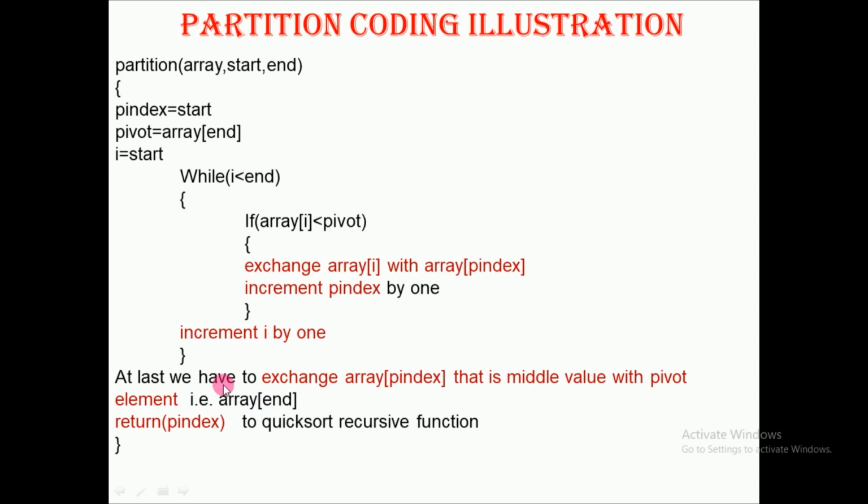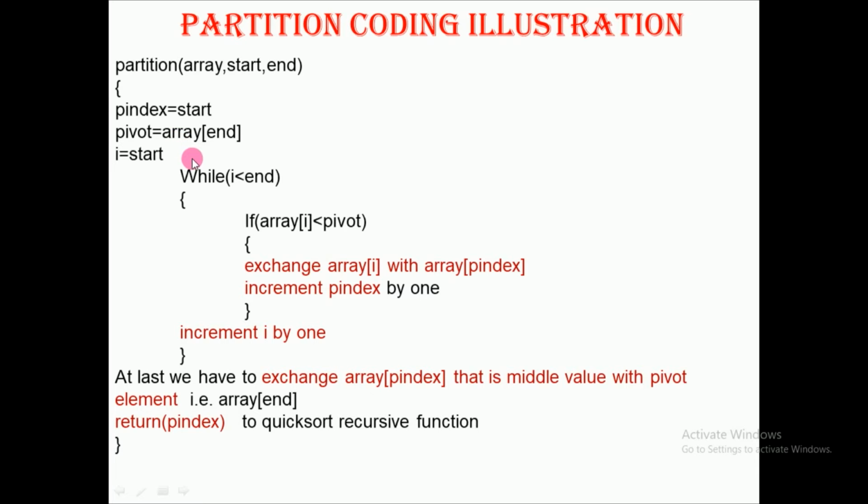When the while is over, it will come down and take the next statement. The next statement is the swapping process. That is, it will exchange array of P index with array of end, that is the pivot element, and it will return P index.